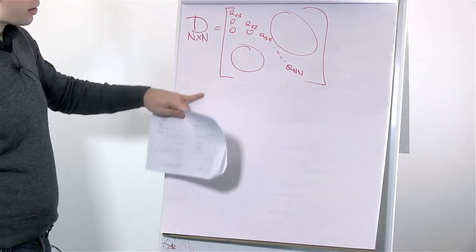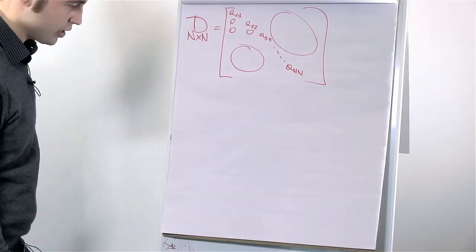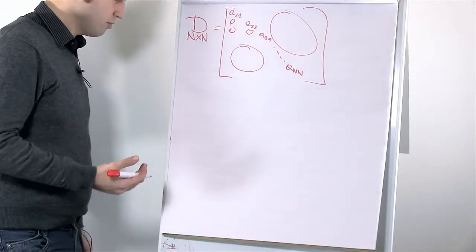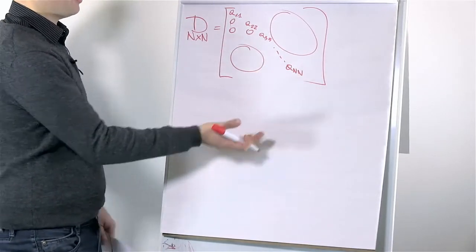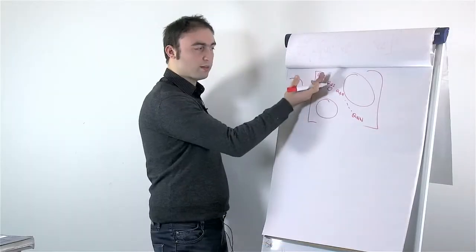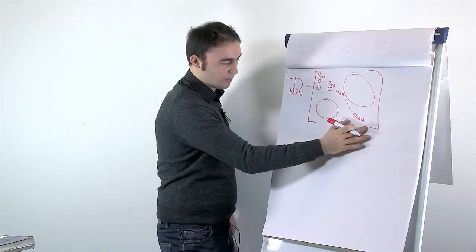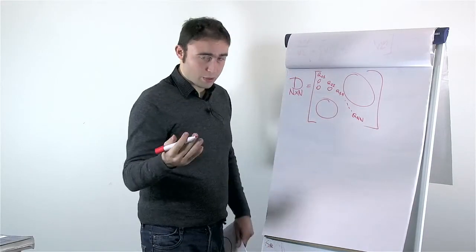Why is this diagonal matrix important? Because, for example, the identity matrix is a special case of a diagonal matrix where all the diagonal elements are 1.